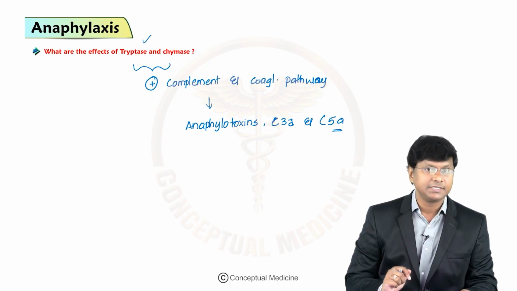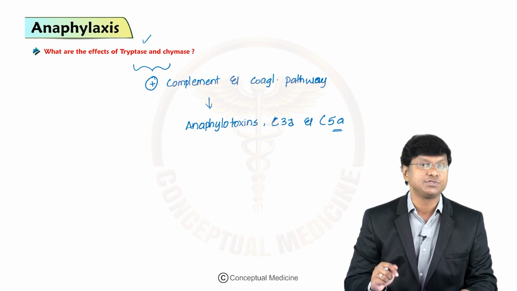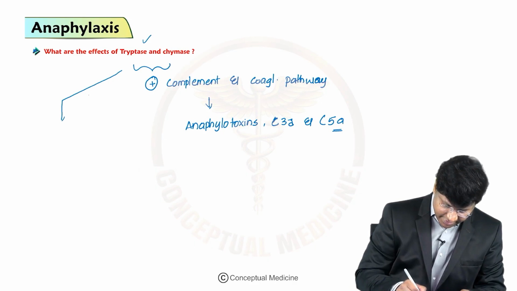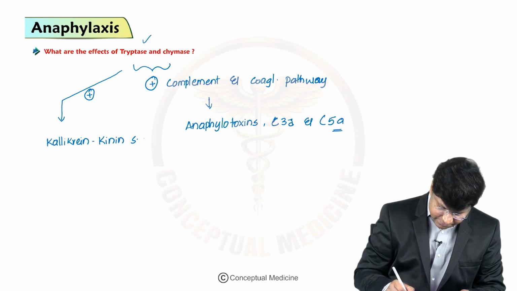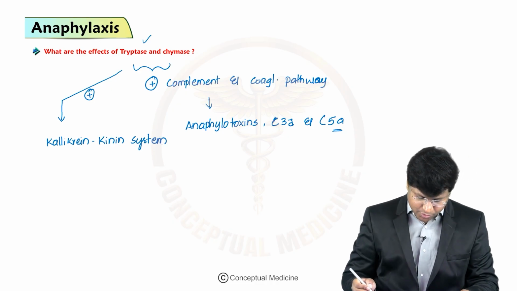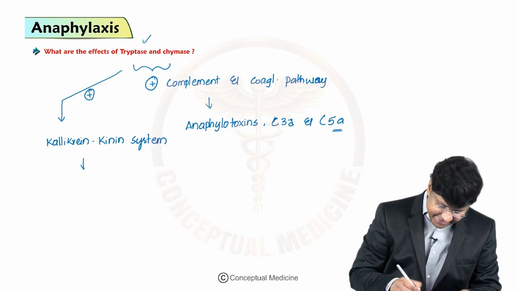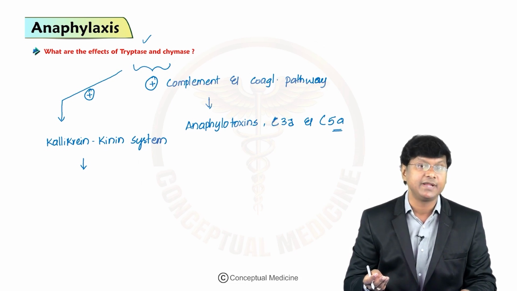Now, apart from that, tryptase and chymase will also cause the activation of the kallikrein-kinin system. And this kallikrein-kinin system is the one which regulates the blood pressure and vascular permeability.